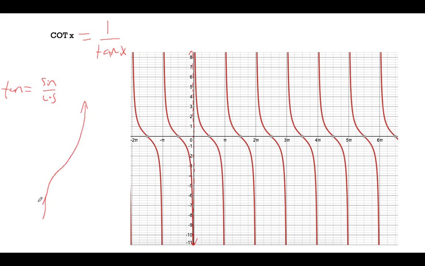If you have values down here, they're very negative, right? But if you take the reciprocal, sorry, you get a value closer to 0 then, but still negative.